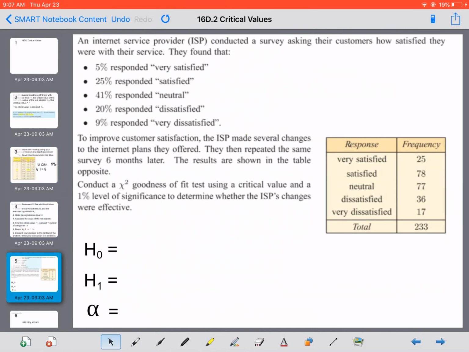And their new results are shown in that table right there. We want to conduct a goodness of fit test at a 1% level of significance to determine whether these changes were effective. So if we want to determine if they were effective, then our H sub 0 is that the changes were not effective.